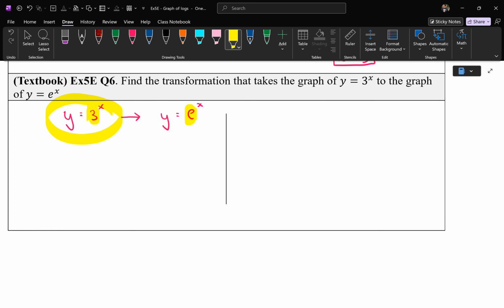How do I change base 3? But is it a dilation? Is it? Let's give you a minute.